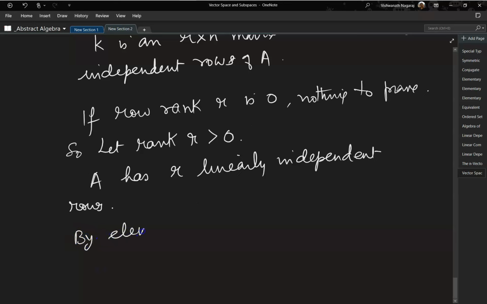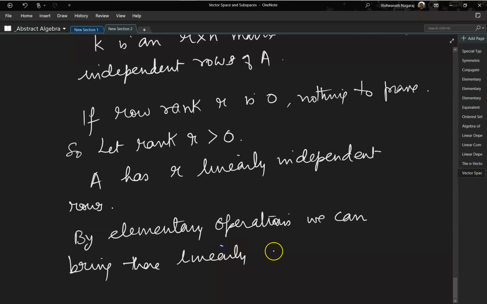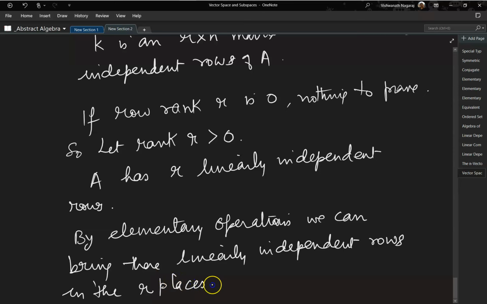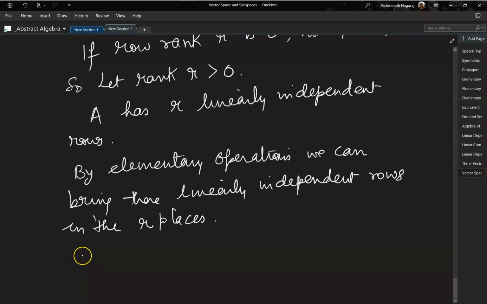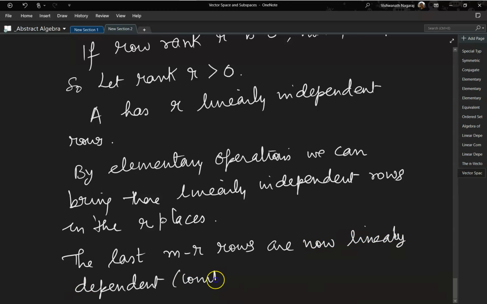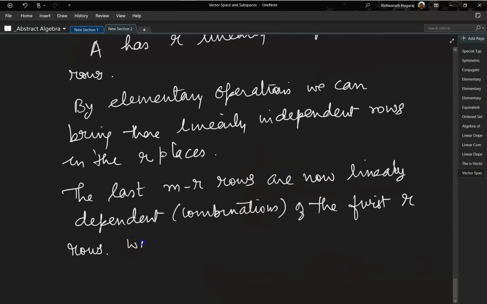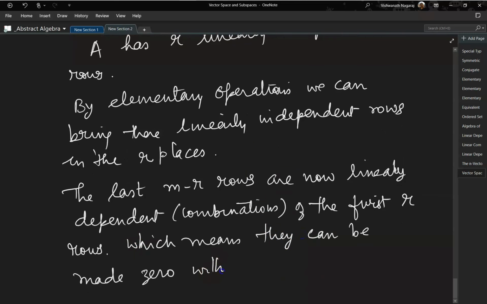By elementary operations, we can bring these linearly independent rows into the first r places. And importantly, the remaining m minus r rows are now linearly dependent, or combinations of the first r rows, which means they can be made 0 without changing the first r rows.